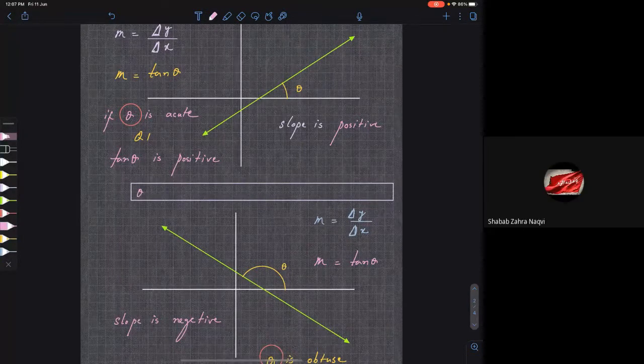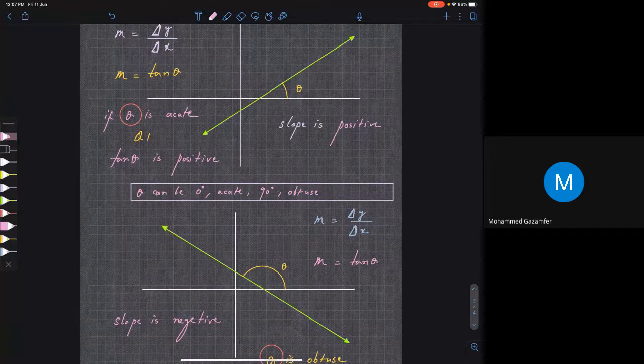Theta can be 0 degrees, acute, 90 degrees, or obtuse. That's all. Clear? So only four possibilities are there.